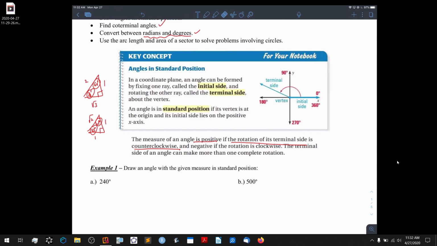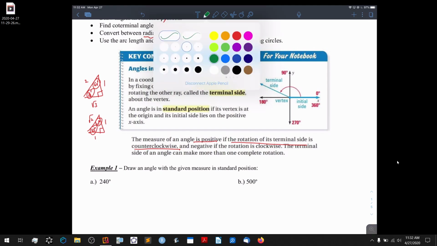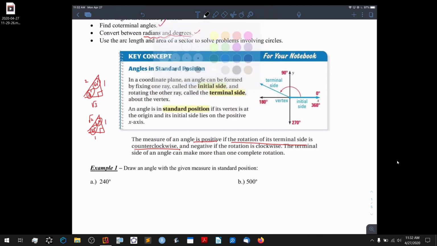And then if I rotate clockwise, so let me pick a different color. If this is my initial side, and I rotate from the initial side clockwise, and that's my terminal side, then this angle, let's say alpha, is going to be a negative angle because my rotation from the initial side was in the clockwise direction.